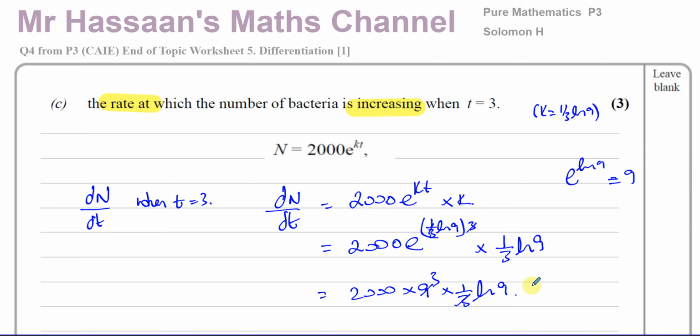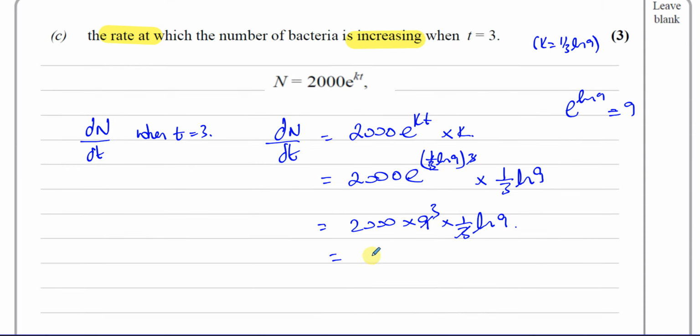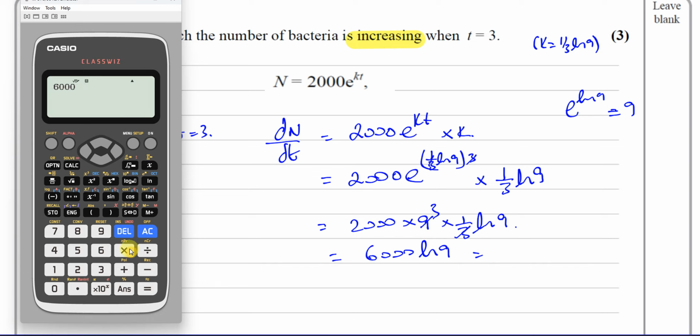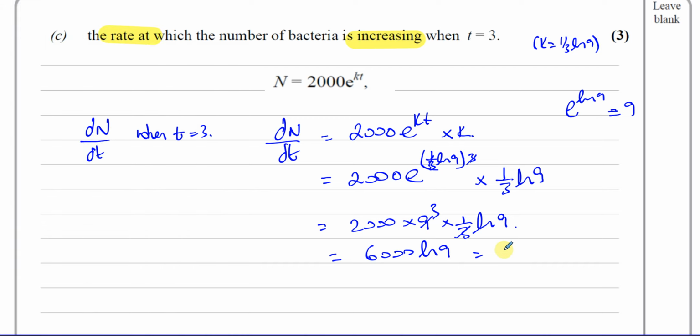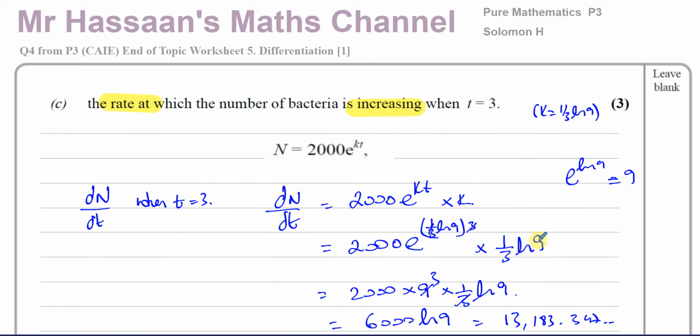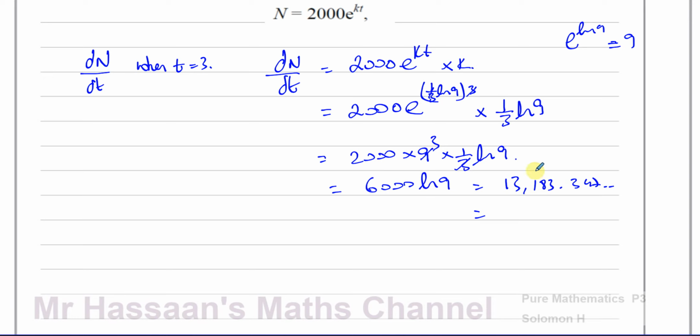So 6,000 times ln 9, which should give us our answer. 6,000 times the ln of 9 gives us 13,183.347, and it continues on. That's going to be rounded, because it doesn't state how to round it, so we'll round to 3 significant figures. So we'll say 13,200 is the answer.